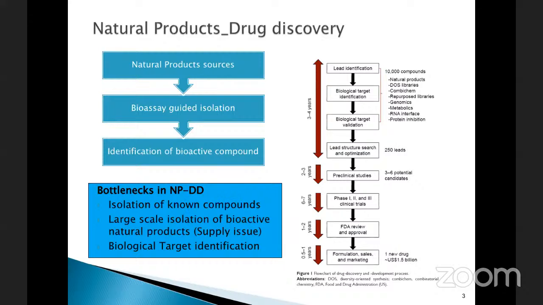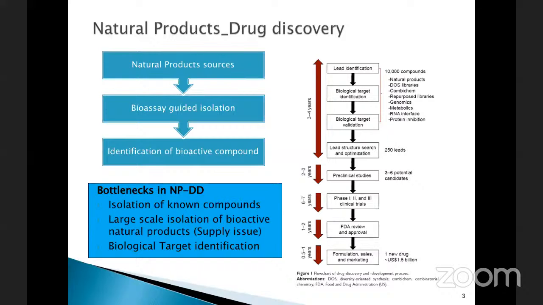In phase 3, basically, it is on a bigger, large population from various origins. And here, mainly you look again for both the efficacy, as well as whether there is any side effect in people of respective origins.